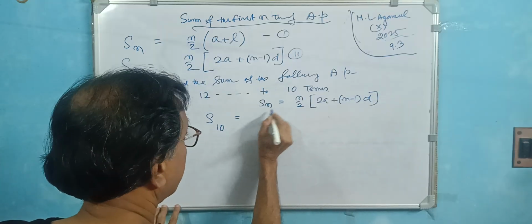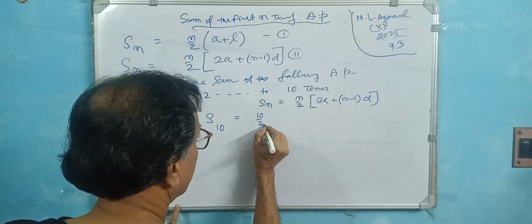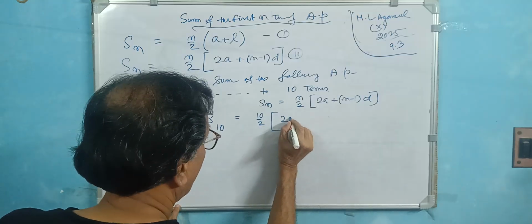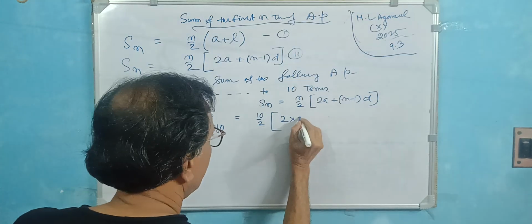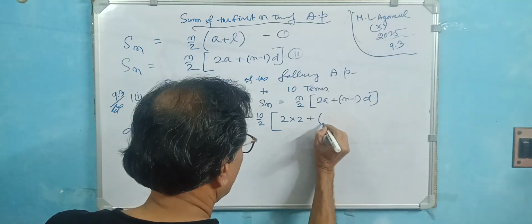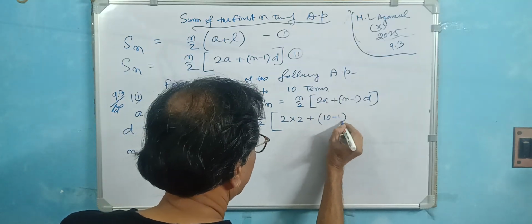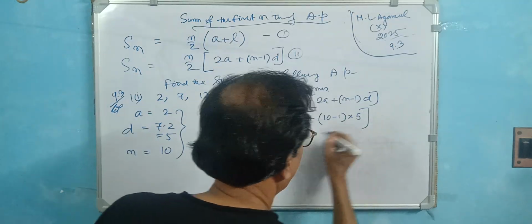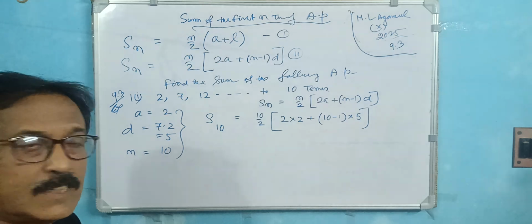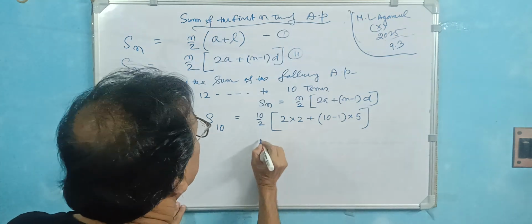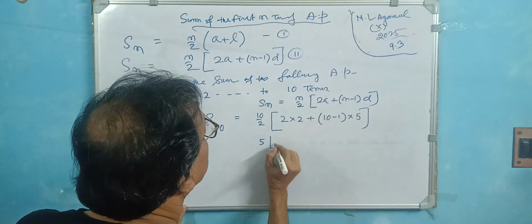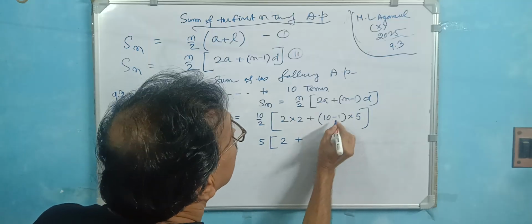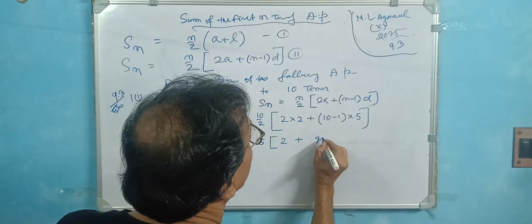So here Sn is equal to 10 by 2 bracket 2 into a. What is the value of a? a is 2, plus n minus 1. What is the value of n? n is 10, minus 1. What is the value of d? d is 5. Okay, no problem. Just apply the formula. So this is cut off, this is 5. 2 twos are 4 plus 9, this is 10 minus 1, 9 into 5.